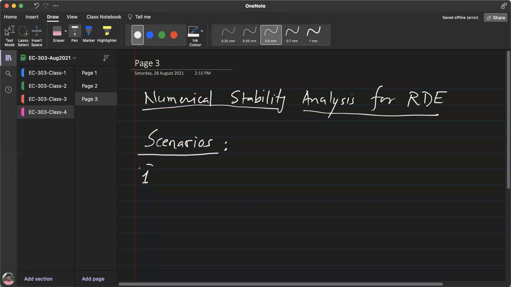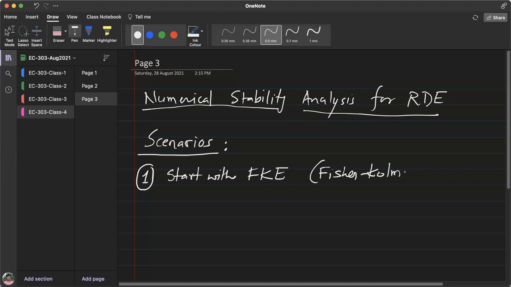The first scenario is to start with the Fisher-Kolmogorov equation. FK is an equation or model, which is basically the logistic model with diffusion.